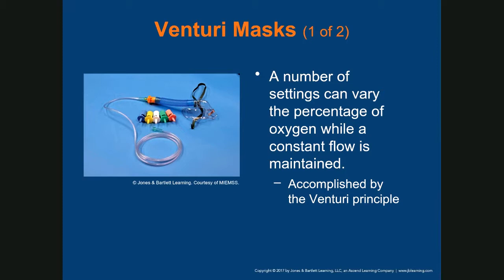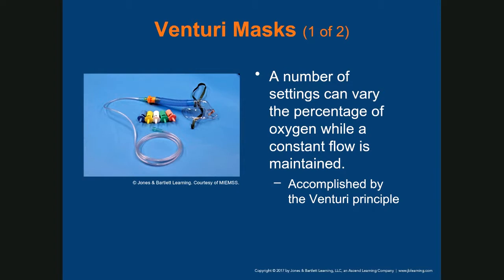It would be the ideal mask for a COPD patient. Now, if we don't have a Venturi mask, we can simply use a nasal cannula for a COPD patient, right?